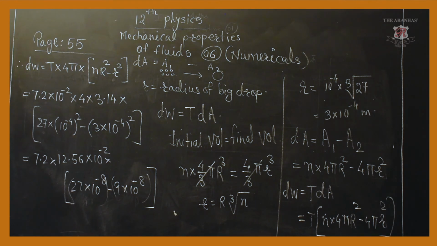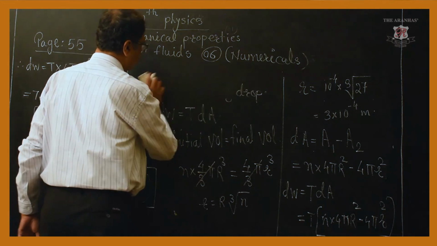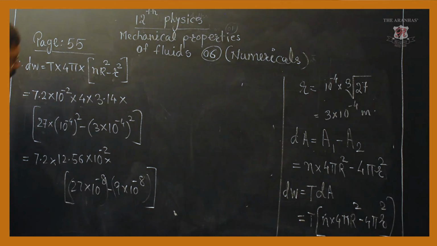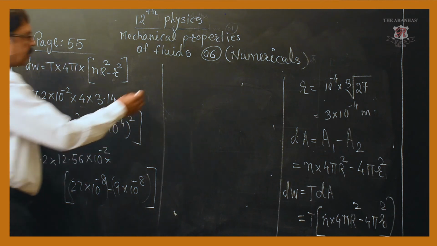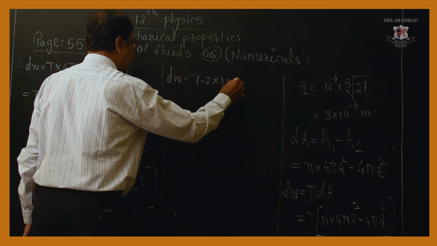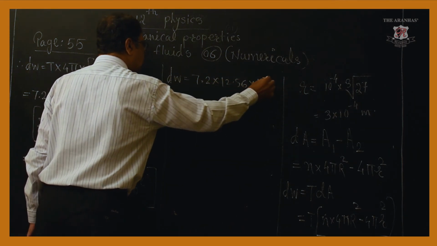Observe, I am taking one step at a time. 7.2 as it is, I merge these two numbers, 12.56, 10 raised to minus 2 as it is. Inside the bracket, I just opened the squares and got this. Next part of the calculation. dW equal to 7.2 into 12.56 into 10 raised to minus 2.